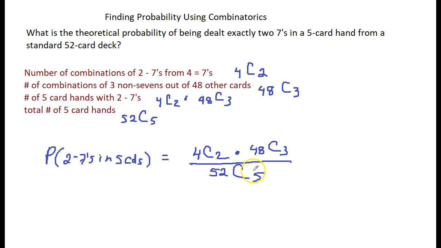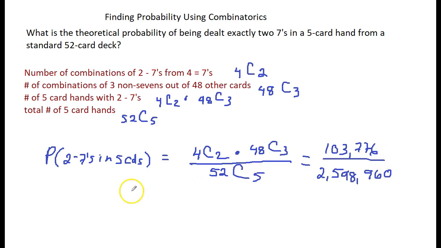Now, 4C2 times 48C3, when I put it in my calculator, is this: 103,776 combinations out of a total of 2 million, wow, big number, 2,598,960 for my denominator.